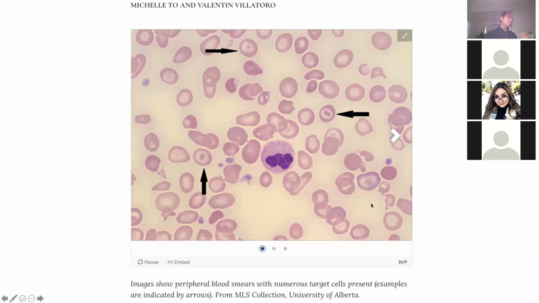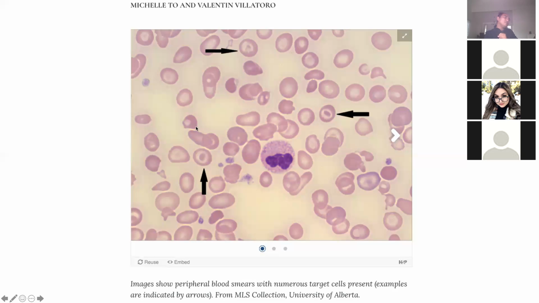The RBC, which is supposed to be circular and centrally pale, is now showing multiple target cells, like the way we talk about the supermarket Target. That is another problem with the RBC.